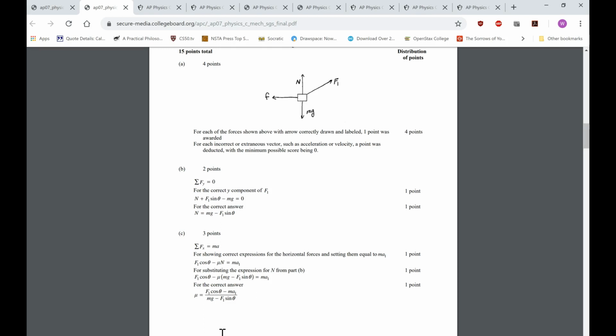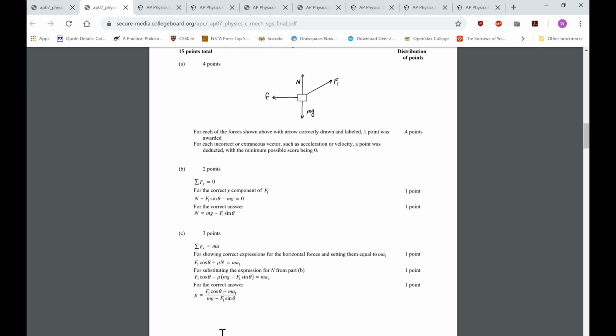And this is a helpful time to talk about follow-through credit. When they ask you for n, whatever you write that n equals, be consistent. Let's say that you accidentally wrote n equals mg and you didn't think fully through the problem. If you substitute n equals mg, notice how it says for substituting the expression for n from part B earns you a point.